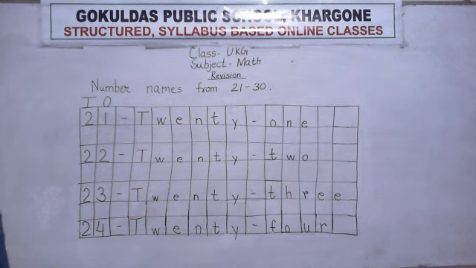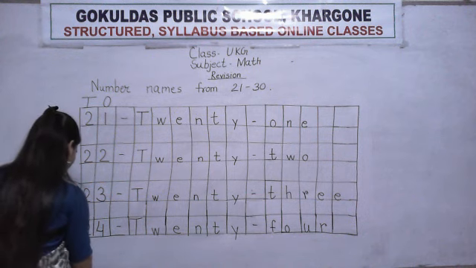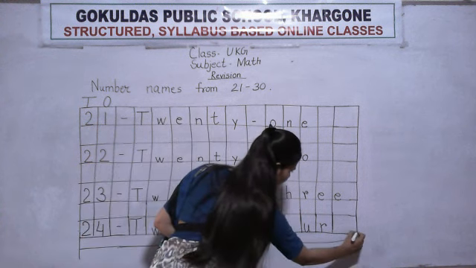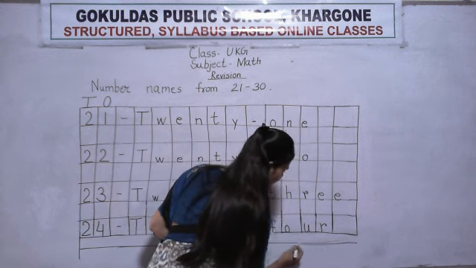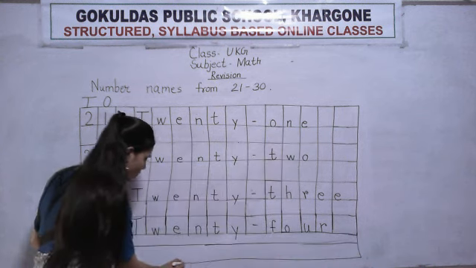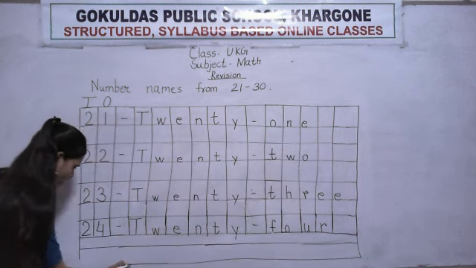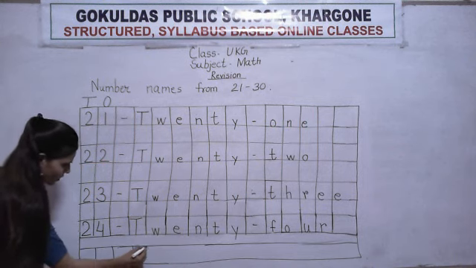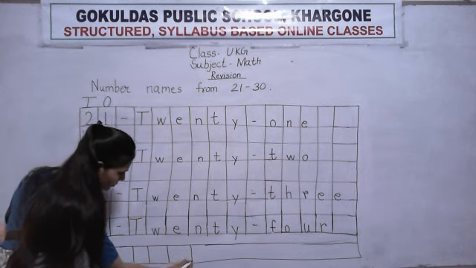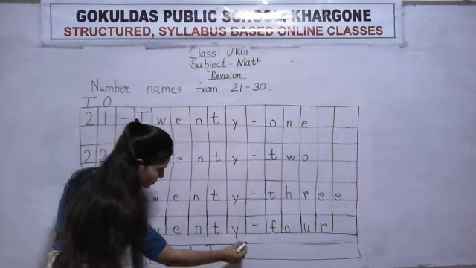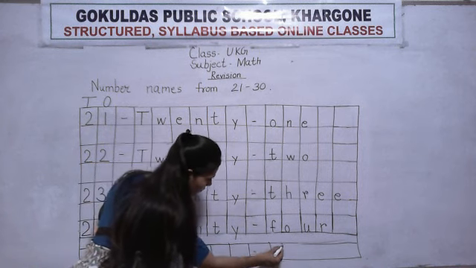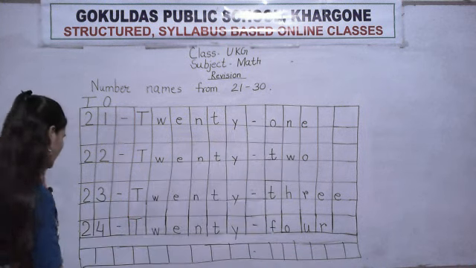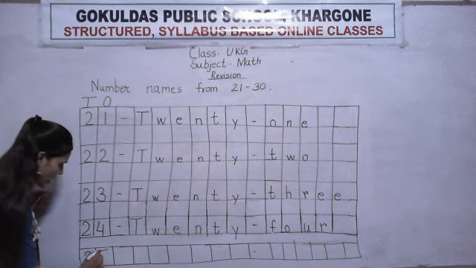Done, 24 spelling. Now next is 25. Drop one block and write here 2, 5, 25.